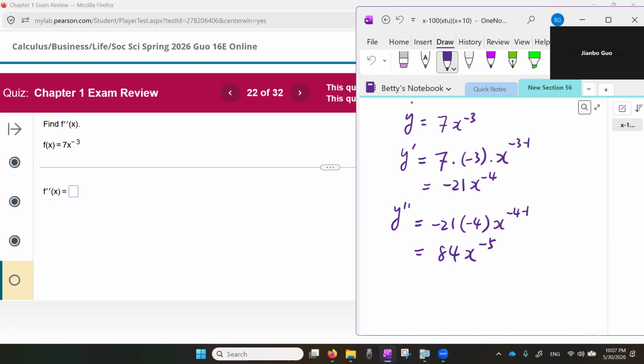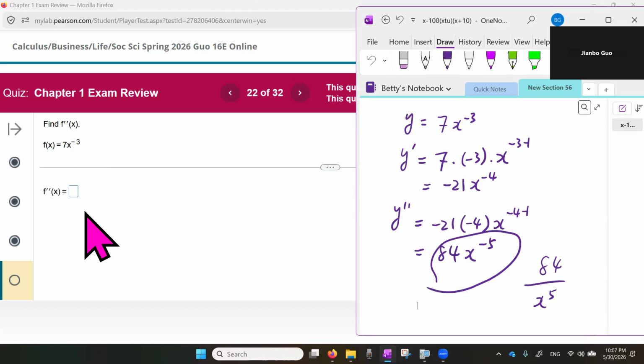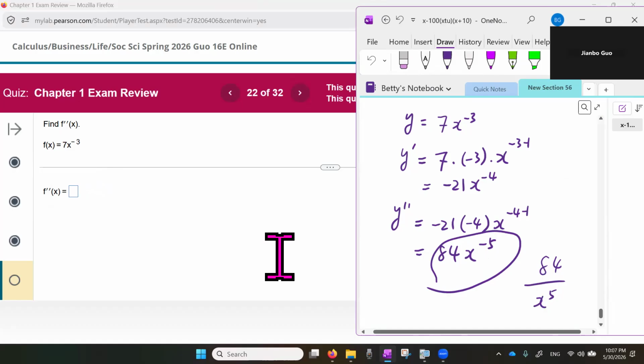Right, you would wonder, should I enter it this way? Because I mentioned a negative exponent is not simplified, right? I wouldn't mind in this case because the function is given. The original function has a negative exponent, so I would just enter this as the result. If the original function does not have a negative exponent, I would recommend you enter the result without a negative exponent.